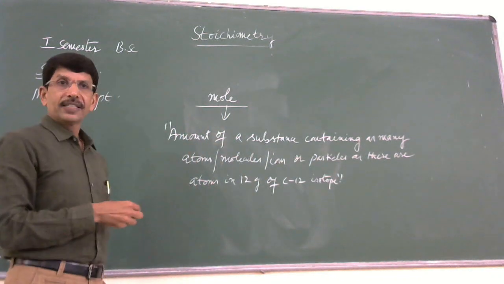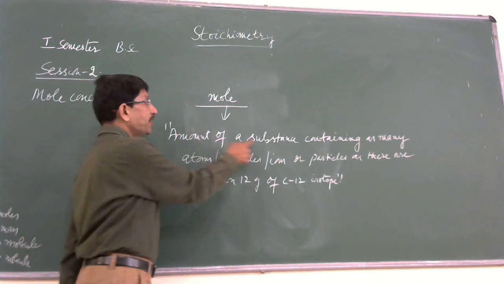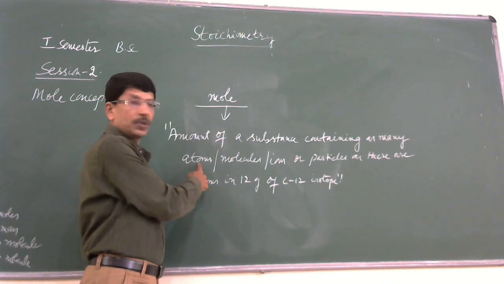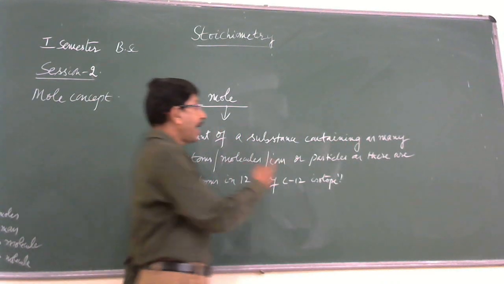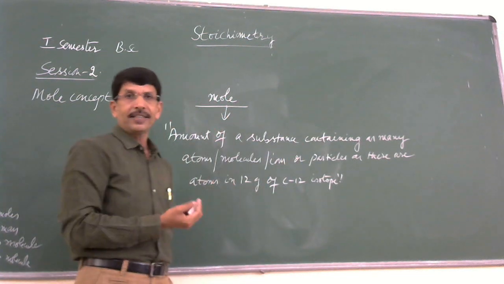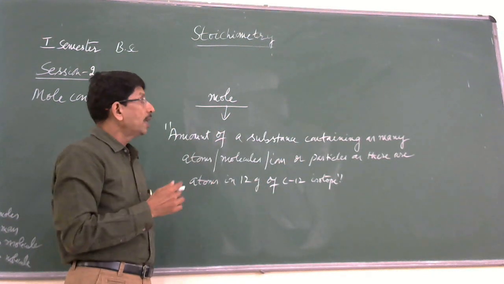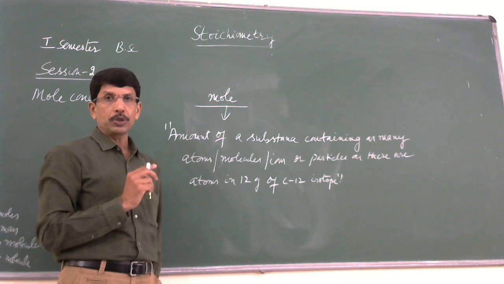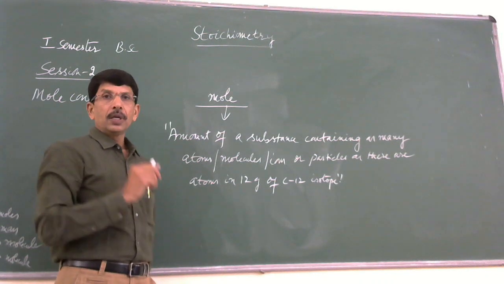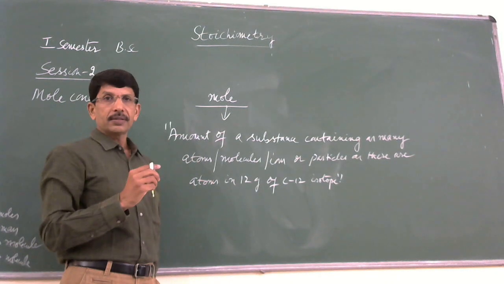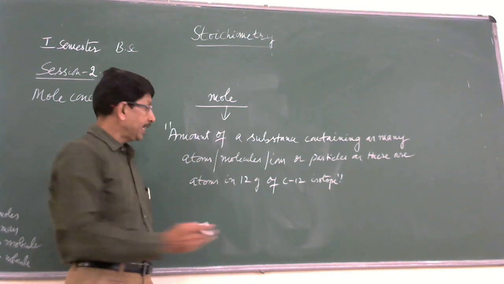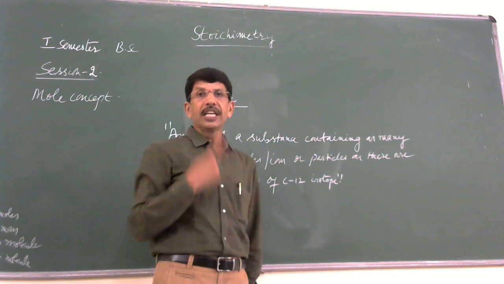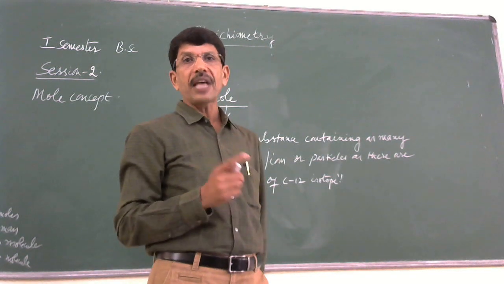So mole is defined as the amount of a substance containing as many atoms or molecules or ions or entities, in general we say entities, as there are atoms in 12 grams of C12 isotope. In the sense, any substance containing particles equal to the number of C12 atoms in 12 grams of C12 sample.